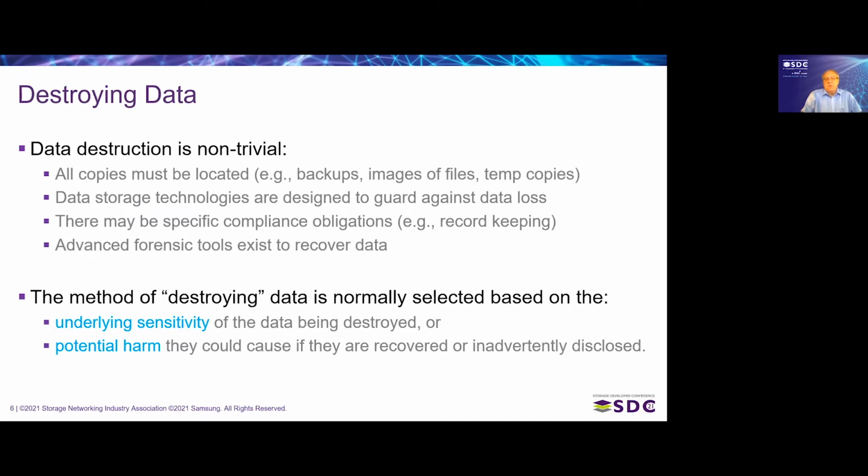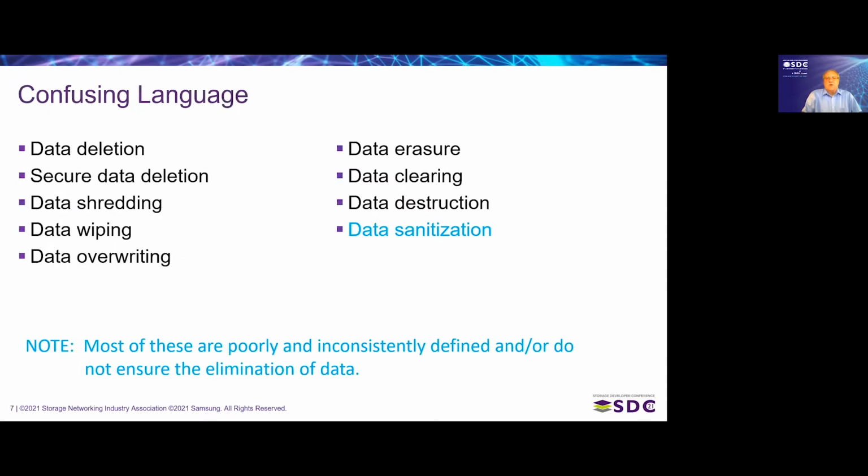If you have the cafeteria menu, it may not be a big deal. However, if it's employee records or health records or financial data or trade secrets, this kind of information, you absolutely want to make sure that how you go about destroying the data matches the importance of the data that you're targeting.